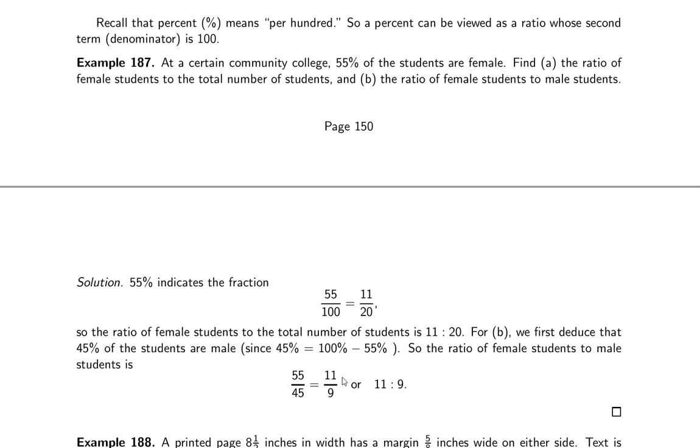And that fraction reduces to 11 over 9, canceling 5s. So for part B, the ratio of female students to male students is 11 to 9. As you expect, you have slightly more females than males.